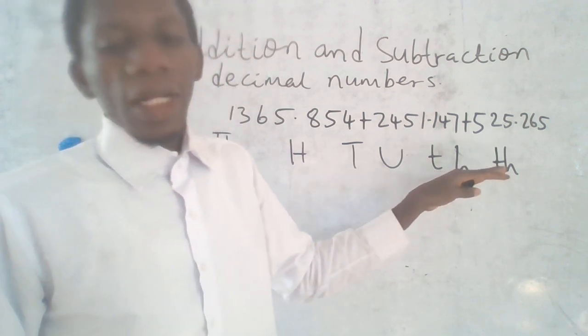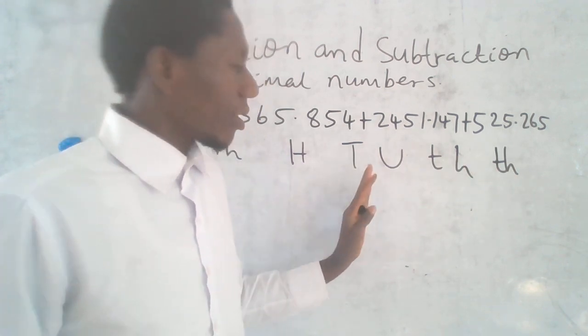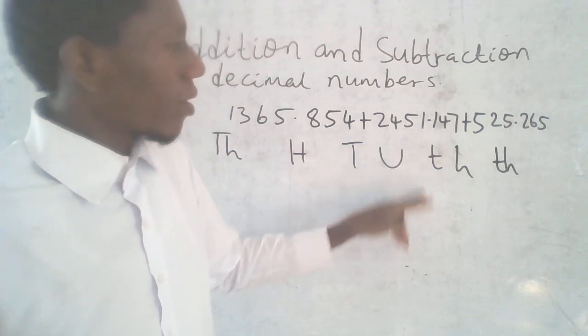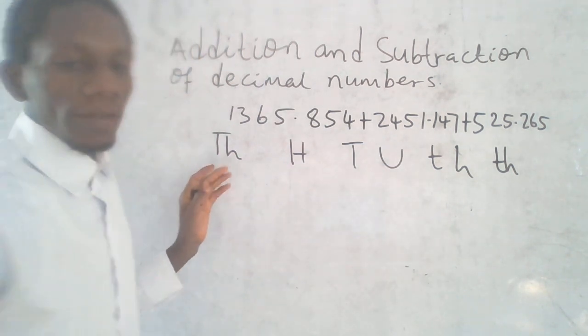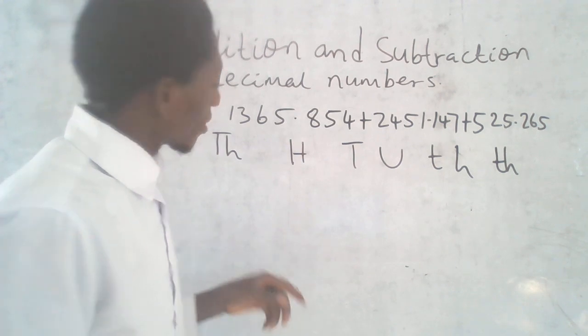Okay. Now let's see how we can arrange these numbers correctly. We have the first number to be 1365.